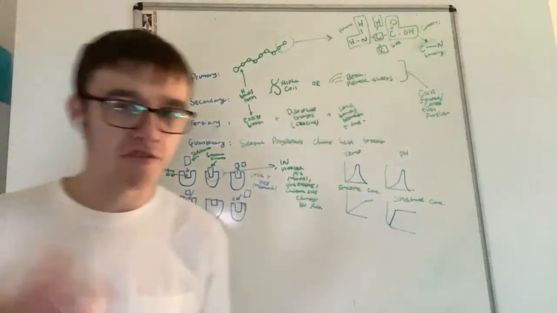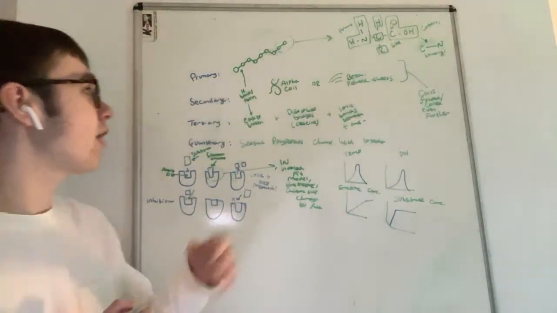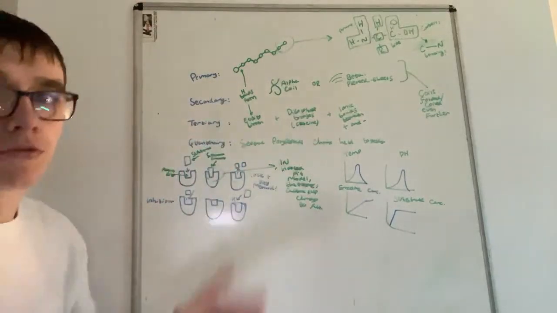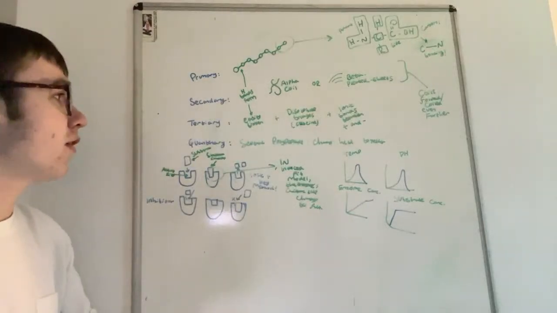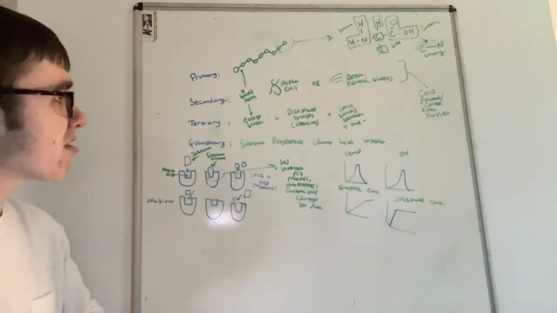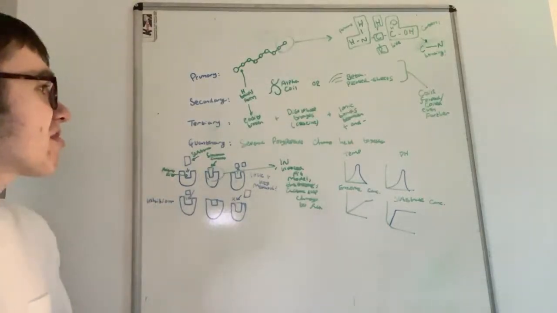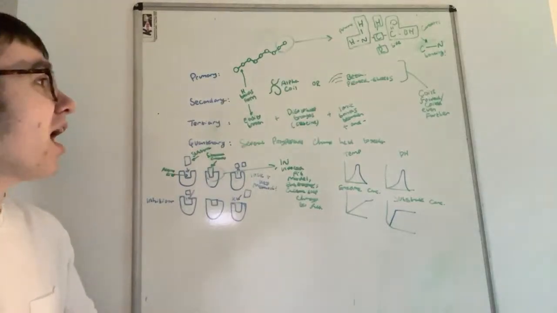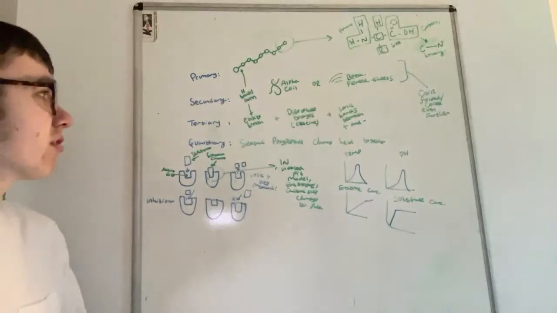The tertiary structure is a legendary one. The hydrogen bonds continue to form, and they are easily broken. Disulfide bridges begin to form between the cysteine amino acids, and then ionic bonds form between the positive and negative charges.